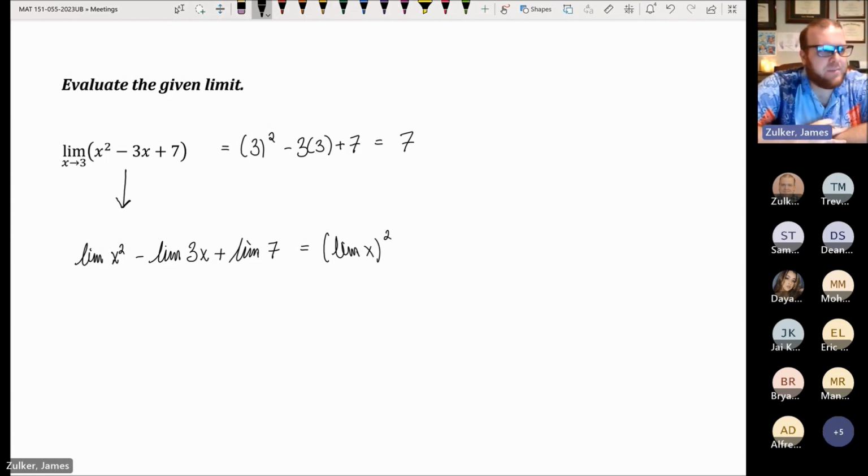So it becomes the power of the limit. Second term, limit of a constant multiple. So we can just take the constant outside of the limit.